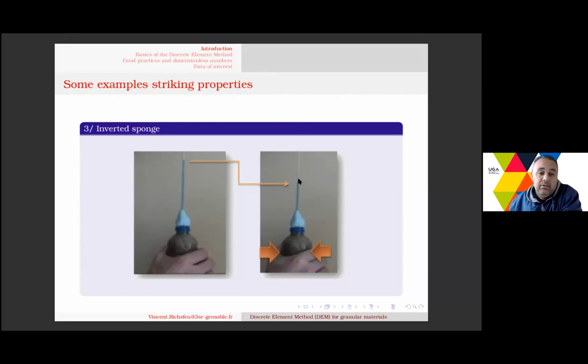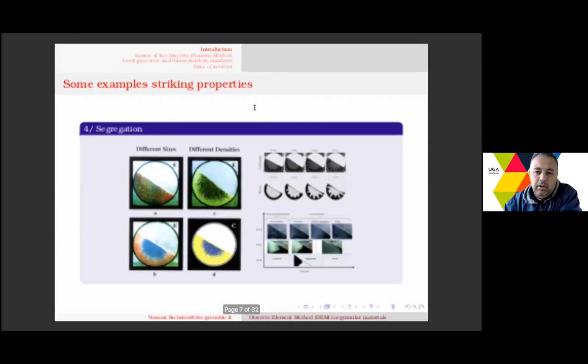So it's strange, but it's simply due to the fact that we have particles. When we shear particles, the voids in between the particles will increase, so the liquid will come inside. So the explanation is not necessarily complicated, but the resulting behavior at the macro scale appears to be strange.